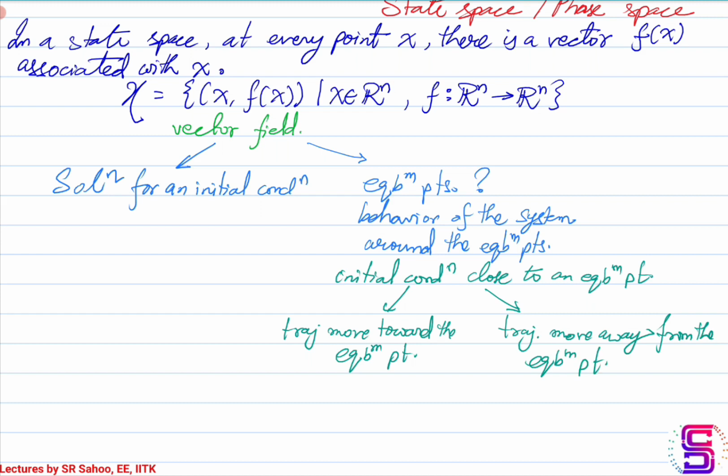In the former case, we call them stable equilibrium points. If they have a tendency to move away, then we call them unstable equilibrium points.